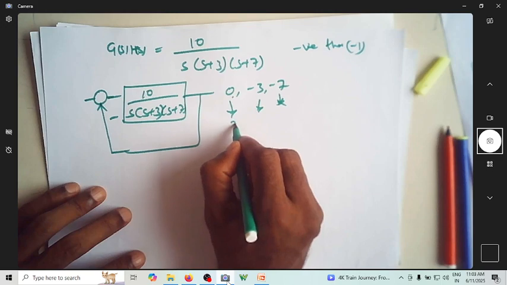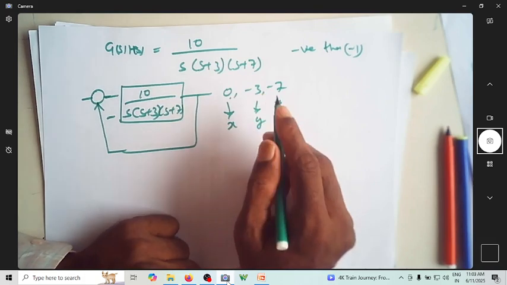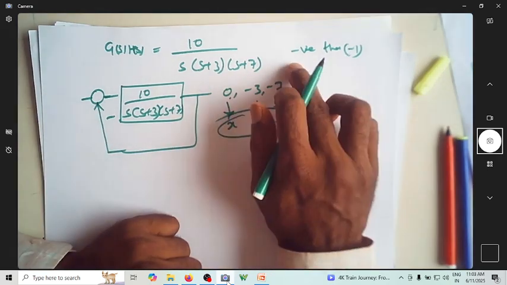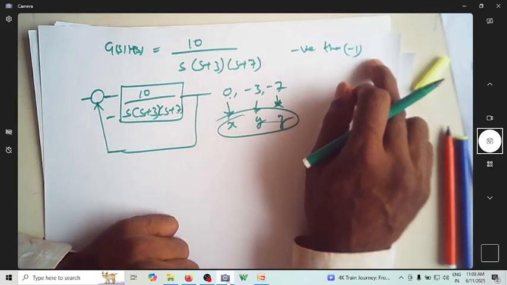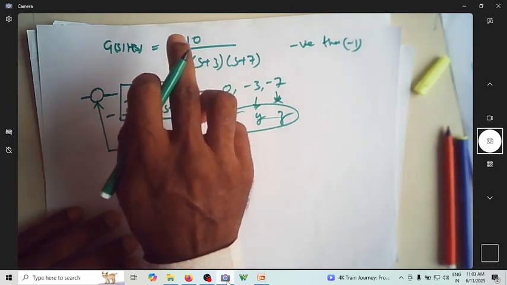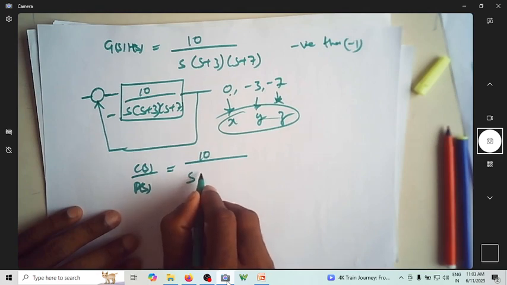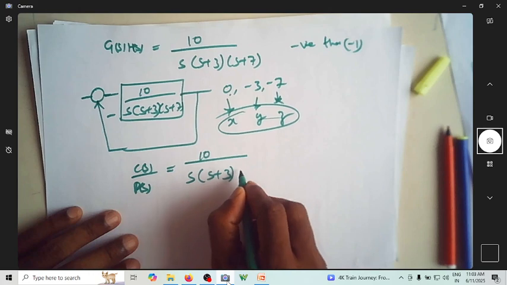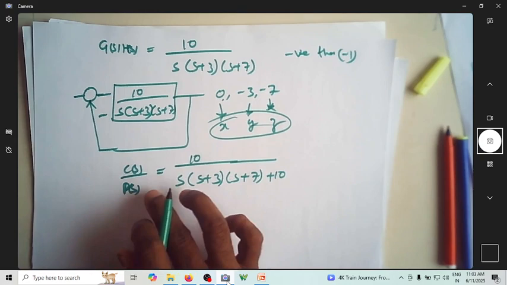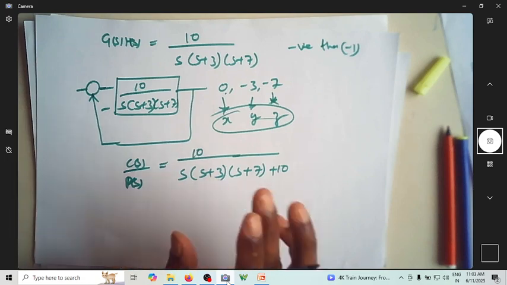So this will go to X, this will go to Y, this will go to Z. What we are asking is whether these closed loop pole positions X, Y, Z are all more negative than minus 1 or not. For which I should find C(s) by R(s), which is 10 divided by s into (s plus 3) into (s plus 7) plus 10. If I do this, I'll get exactly where the roots are.